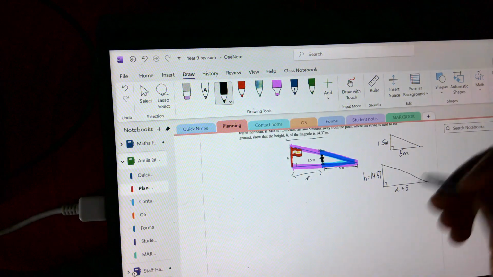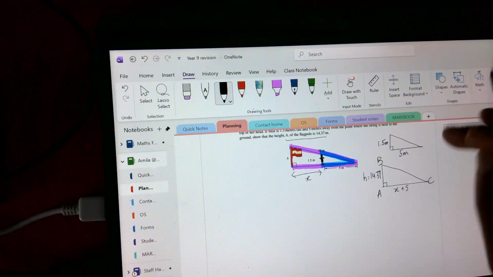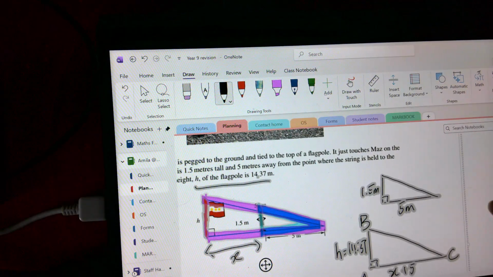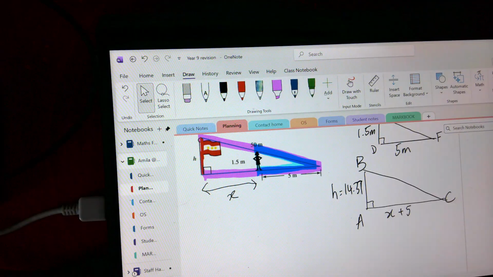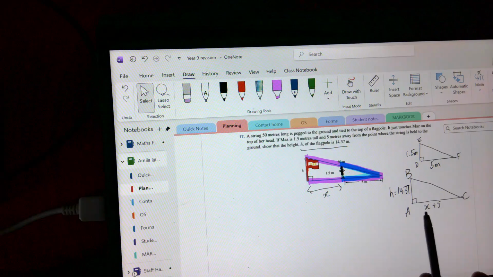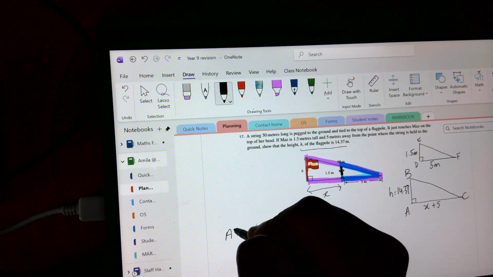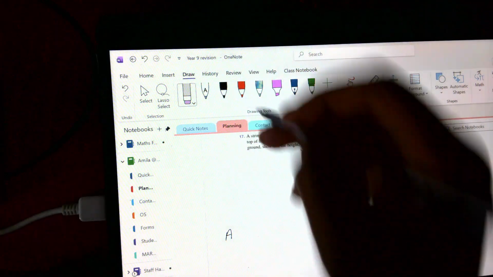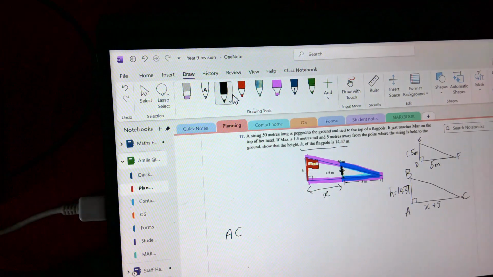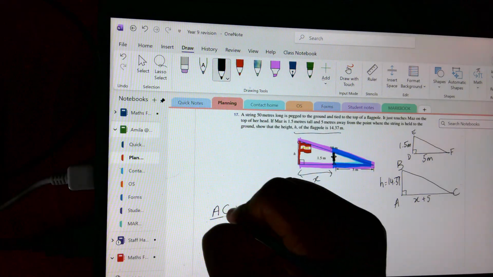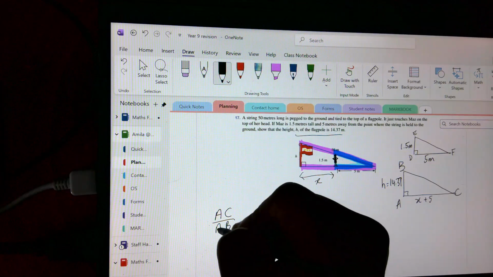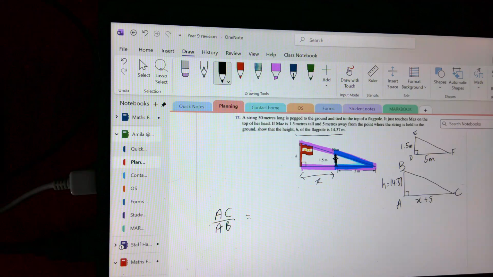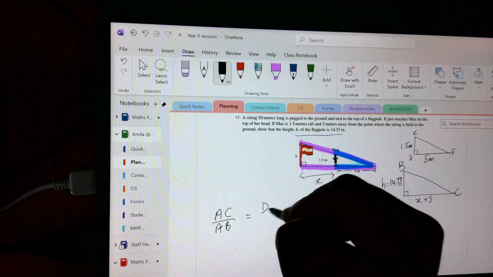So I'm going to start by putting A, B, C here, and my little triangle I'm going to call D, E, F. I'm going to compare the base of my big triangle, AC, with the height of my big triangle, AB, and that should be in the same ratio as DF on my little triangle.